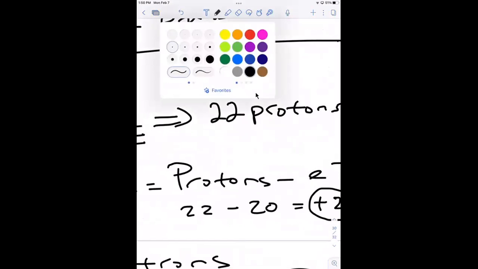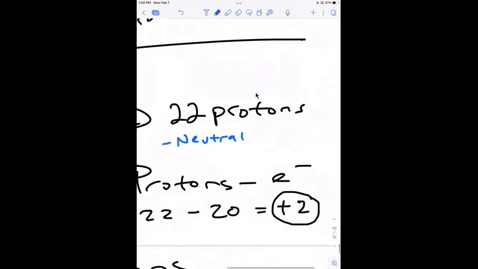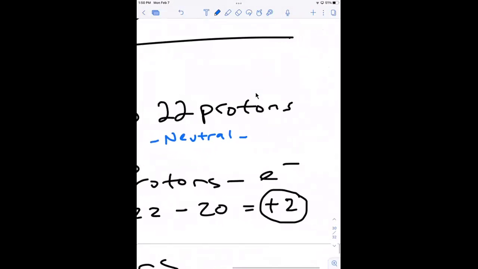I'm going to put it in here and then we're going to stop right here. If I could spell neutral, I can't put that on YouTube. So neutral: protons and electrons are equal.